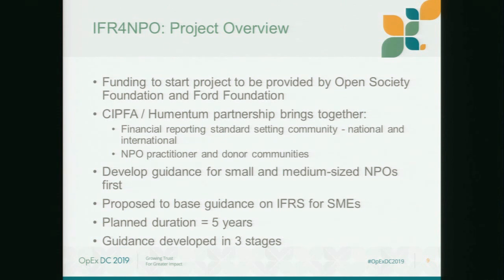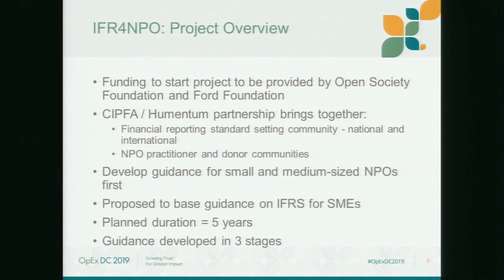Now, this is huge. What we're trying to do is actually make this manageable, do something. So the proposed approach is to use the International Financial Reporting Standard for small and medium-sized enterprises as the start point. It may not be perfect, but it is actually accepted in 85 or 86 jurisdictions around the world.